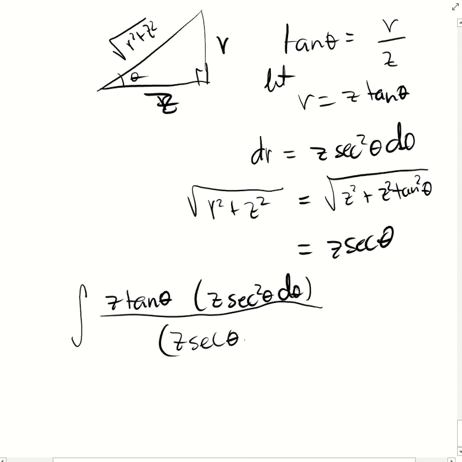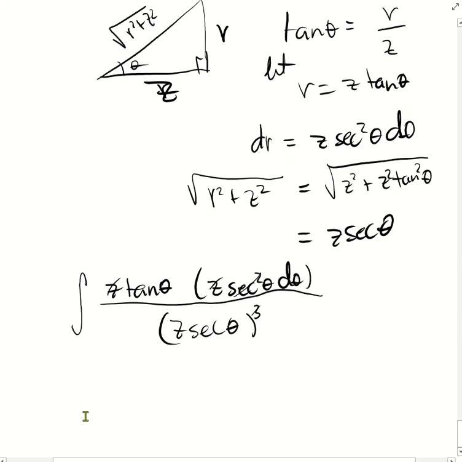Then let's see what we can cancel. This z squared, the two z can be cancelled. The two secants can be cancelled, so it becomes just one. So this will be the integral of tangent theta all over, we still have z, then we still have one secant theta, d theta.